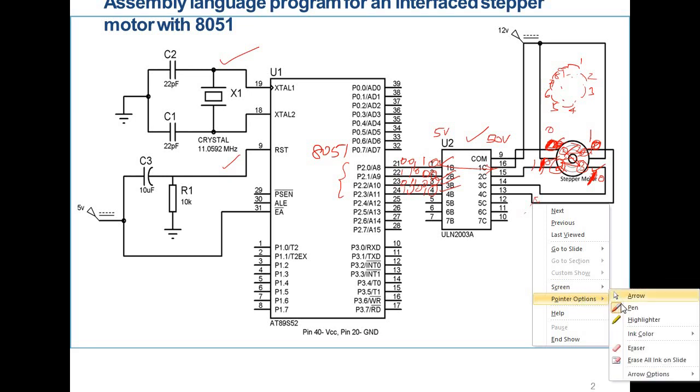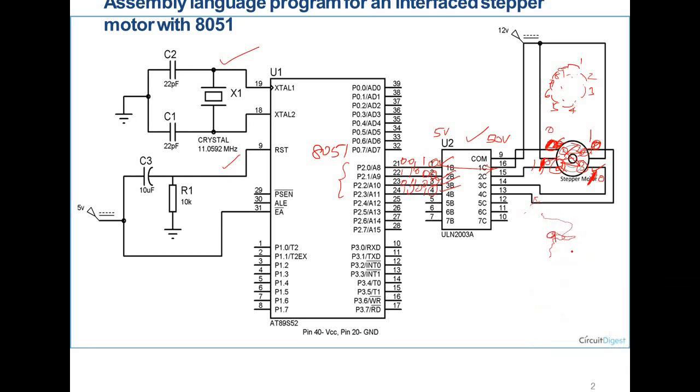We cannot send 9 alone, or 5 alone, or 6 alone, or A alone. Because it is an 8-bit microcontroller, we can send only 8-bit data at a time, and these registers are 8-bit. So we will be sending 09, 05, 06, 0A. The zeros do not have any value because they are not connected with any pin. So that's the reason.